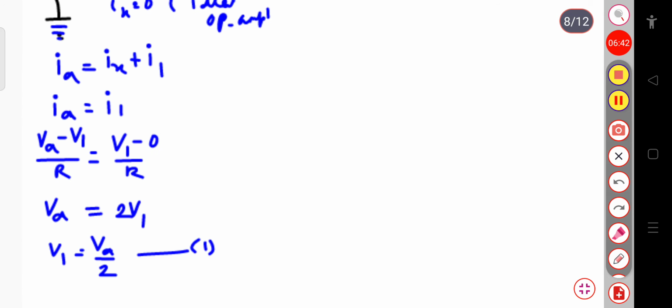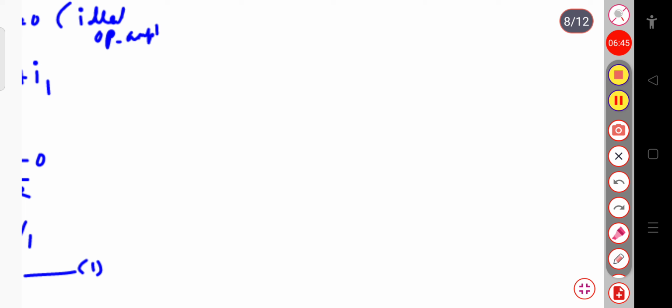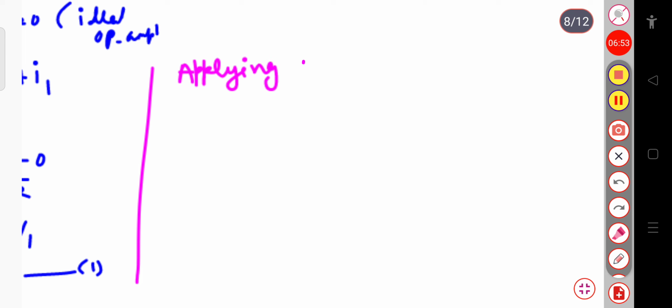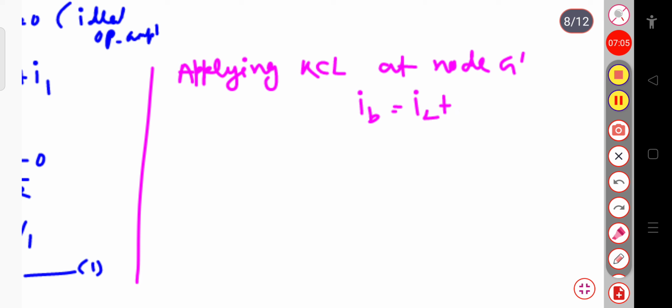So, applying KCL at the node G prime, we can write IB equal to the total current, that is I2 plus IF.